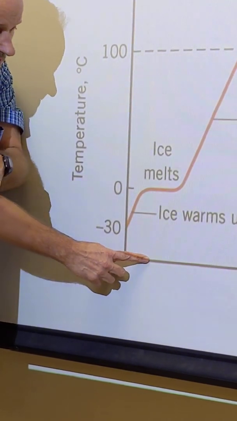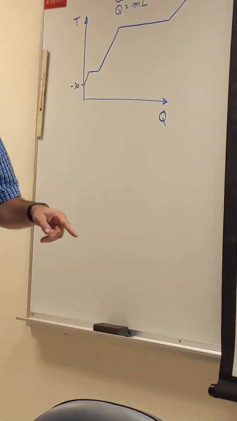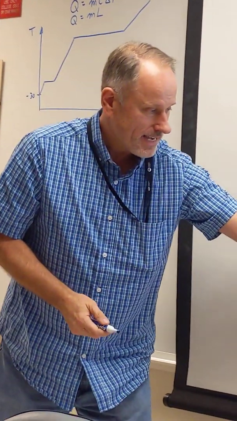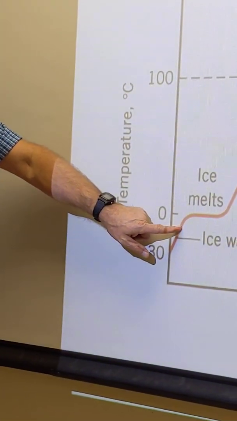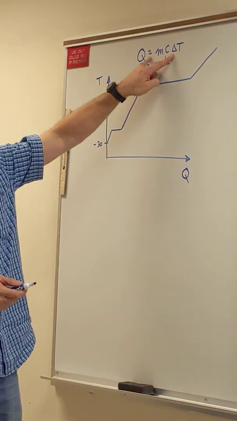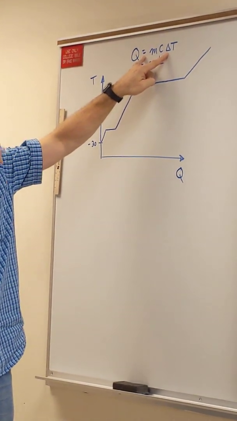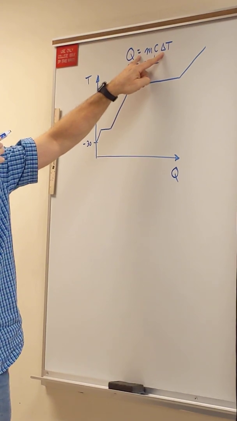As I increase Q, as I increase the energy I'm putting into the system, what is happening to the temperature of the ice? It's rising, okay? That's this equation. There is heat going into the system, it's changing the temperature of the solid. Does that make sense to you?